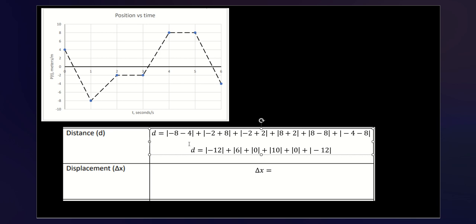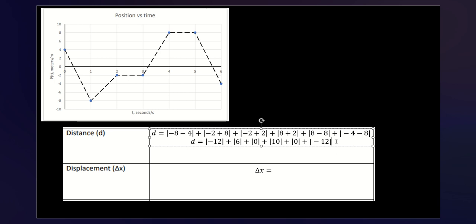So now what this ends up being is negative 12 is just going to become 12. Positive 6 is just 6, plus 0, plus 10, plus 0. And the absolute value of negative 12 is also just 12.